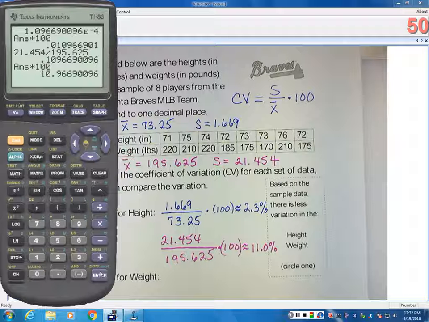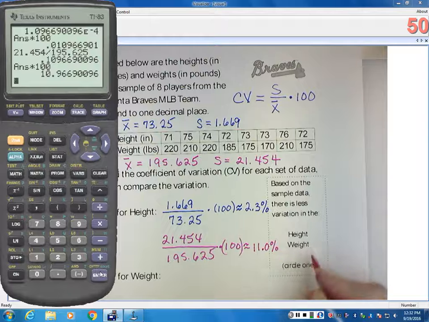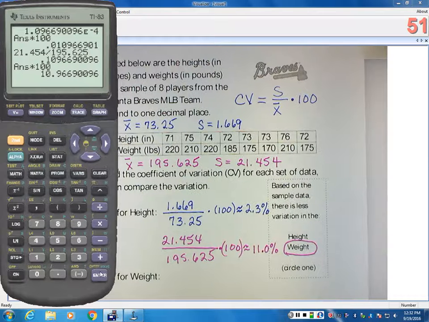So which one is more variable? There's greater variation in the weights than there was in the heights. Close to 5 times as much variation.